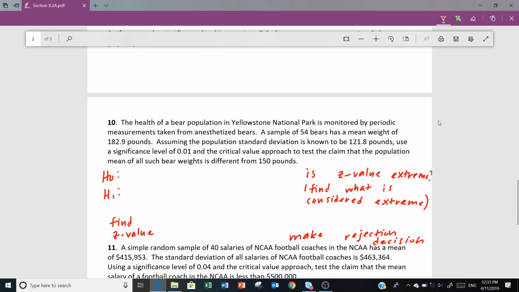So you can just kind of change. It's 2 tails, so 2.58 is considered extreme. But wouldn't it be both if it's below and then above? Yeah, anything above 2.58 or below negative 2.58.